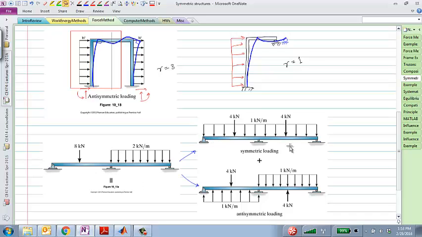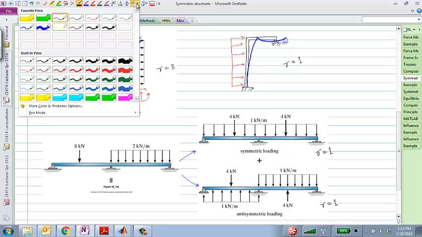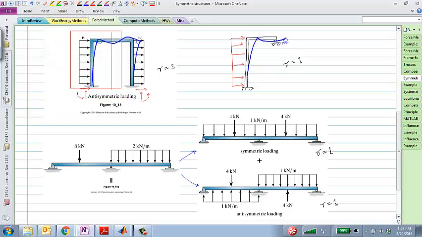Now, in order to solve this system, we have a degree of redundancy 1, which similarly for this guy also degree of redundancy is 1. And if we were to draw the deflected shapes, something like that.